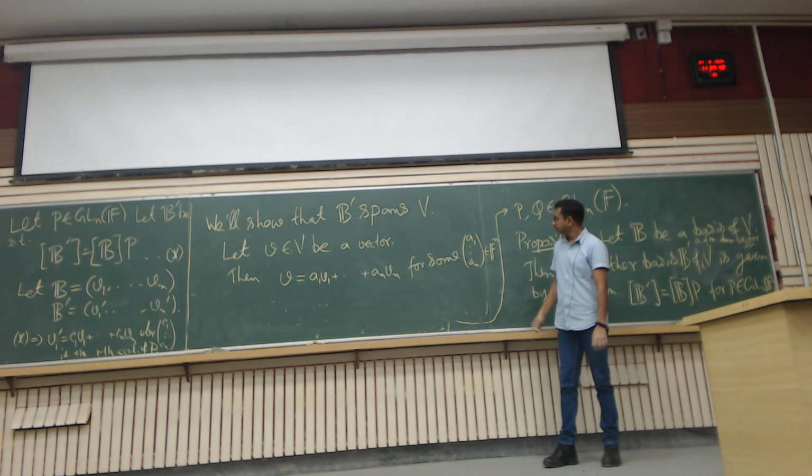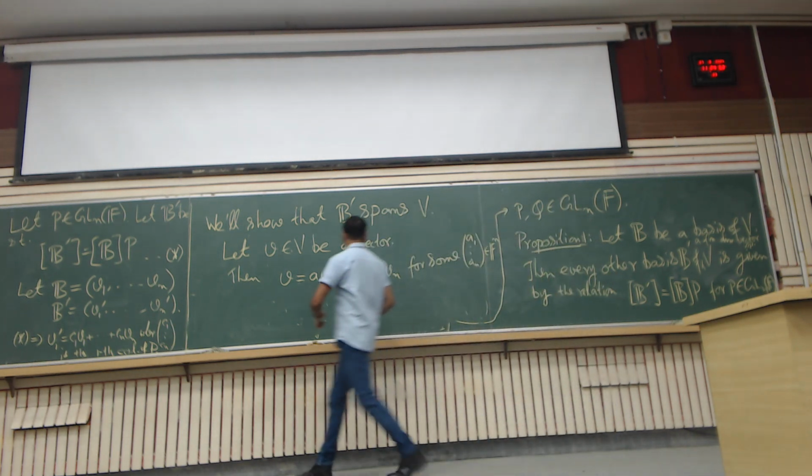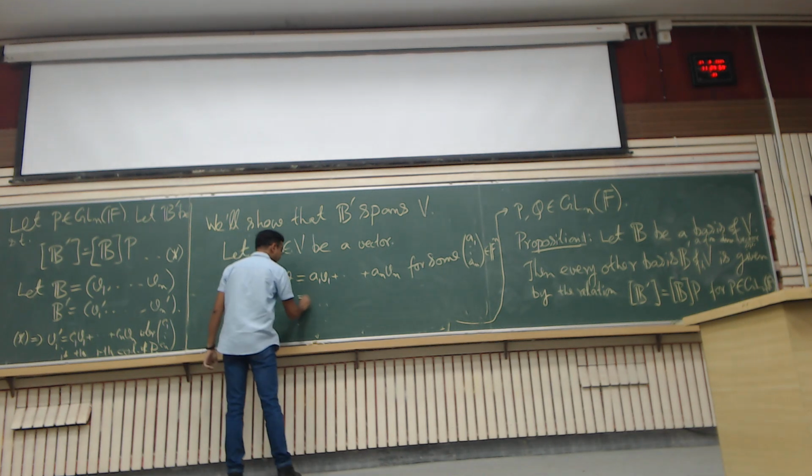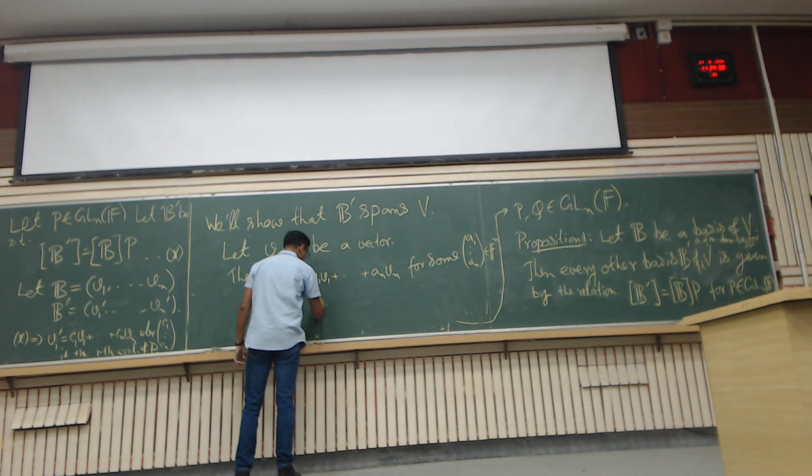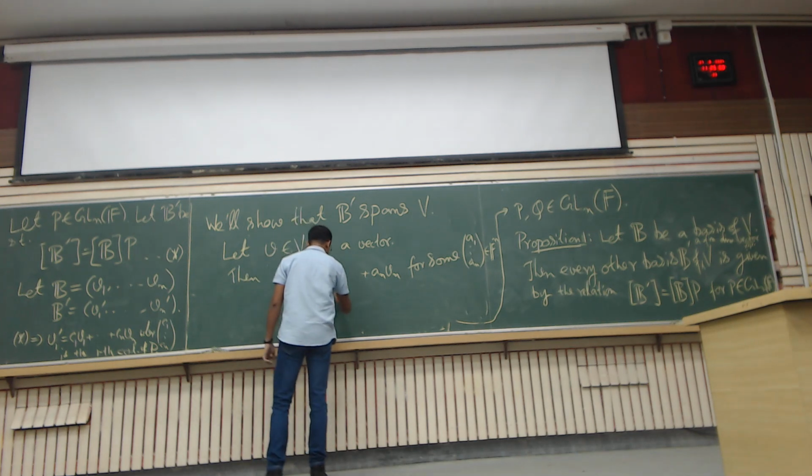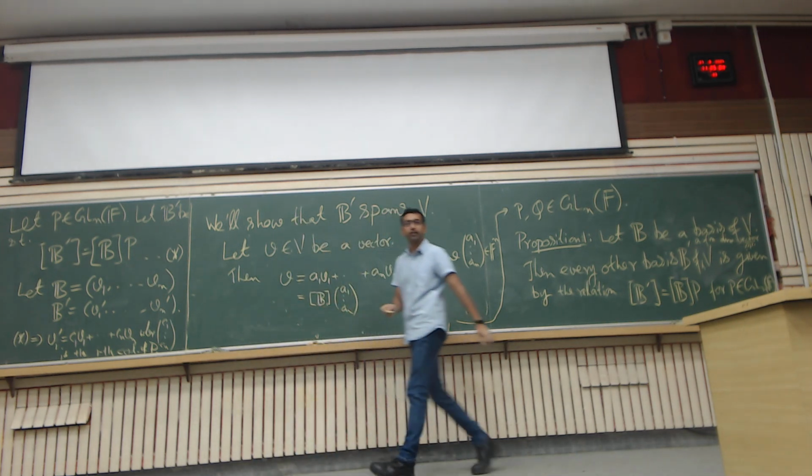This is the coordinate vector of v in Fn. So in particular v is equal to B times this column a1 to an.